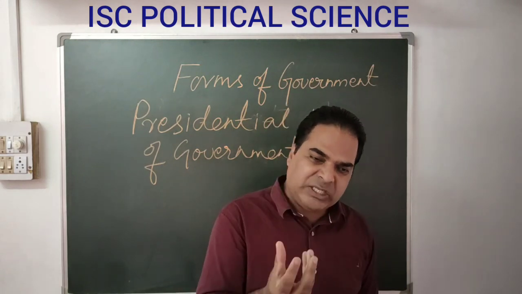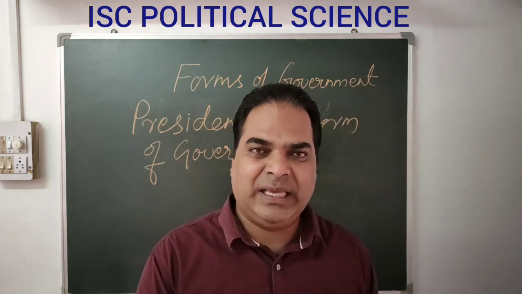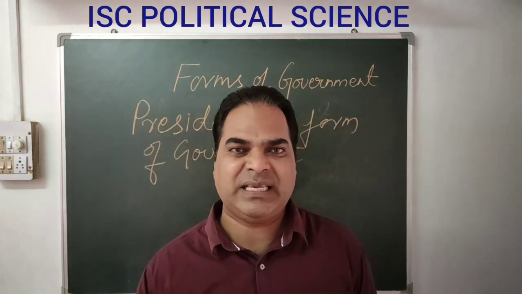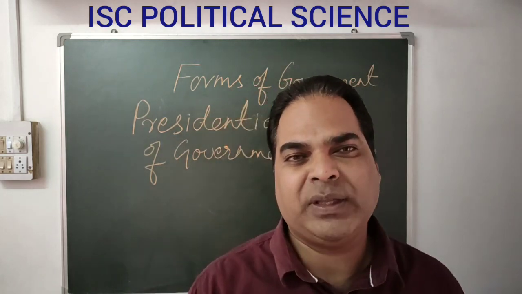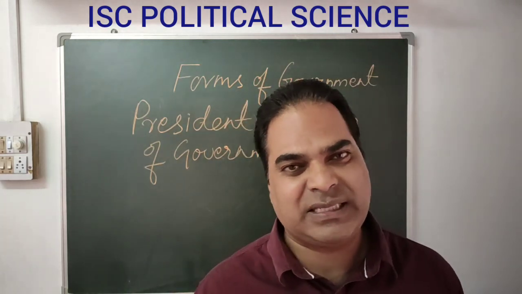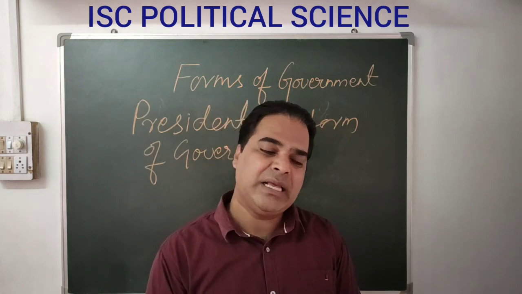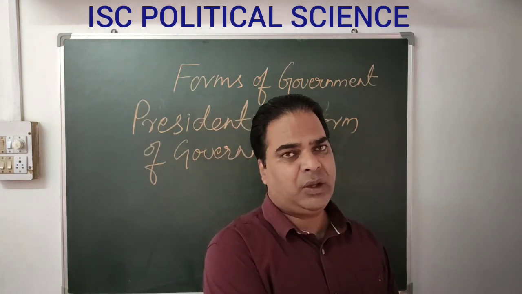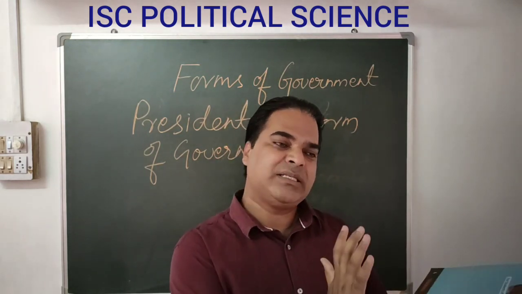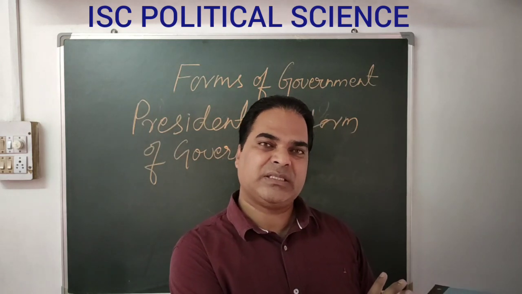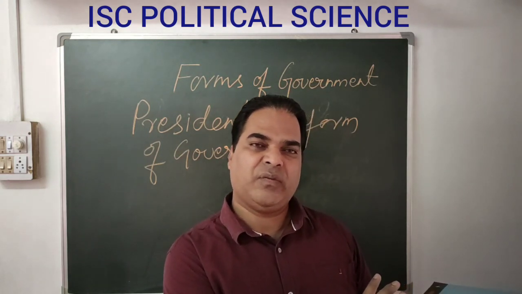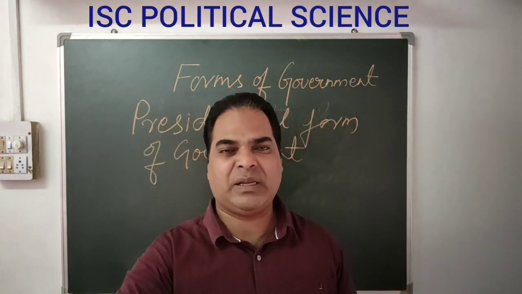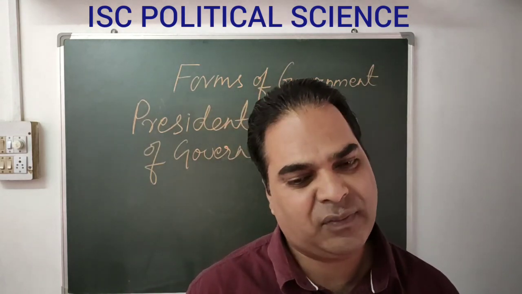So the executive, that is the president, is elected by a PEC, which has nothing to do with the House of Representatives and the Senate. So the president is elected separately. This is the difference as compared to the parliamentary and presidential forms of government.